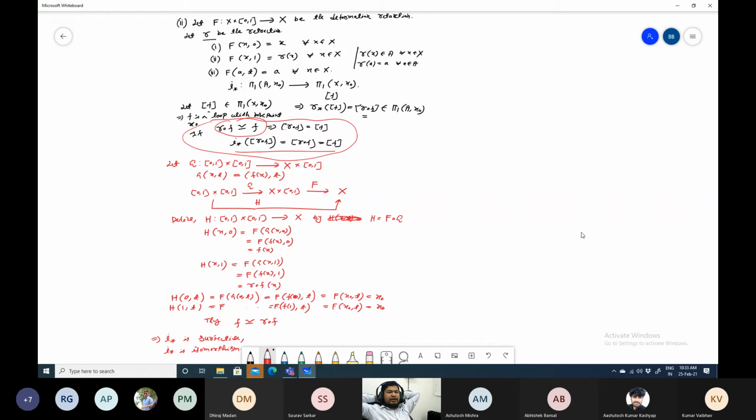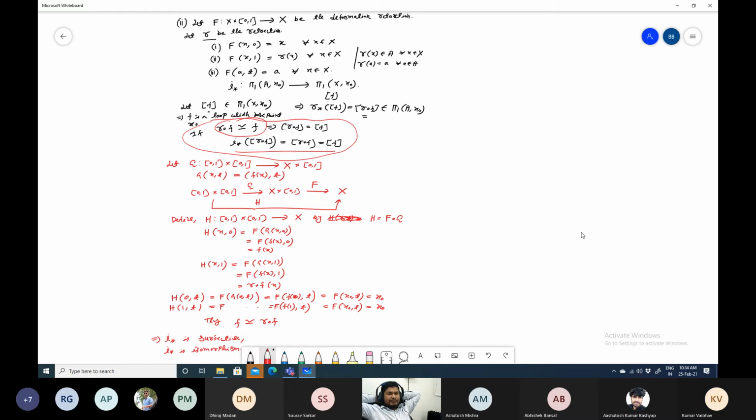We define a map from 0 1 cross 0 1 to X cross 0 1, and we define it in such a way that x t goes to g of x t equal to f x comma t. That's all. And then we compose the paths and everything comes automatically. So we have not done anything, we just go through the path, in the direction where it leads. Now is that clear?